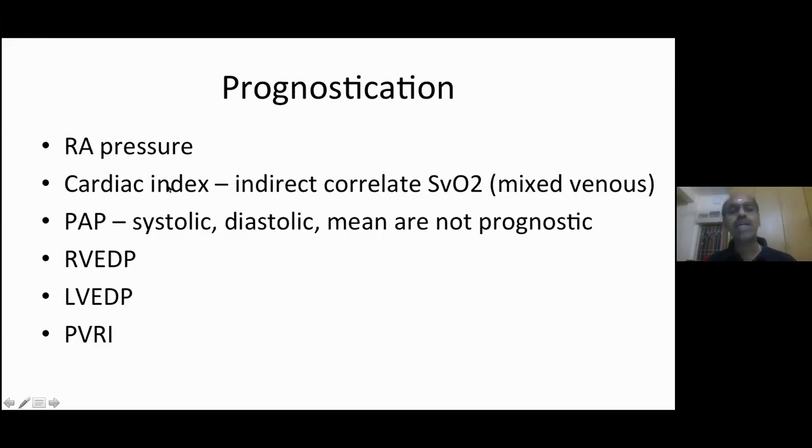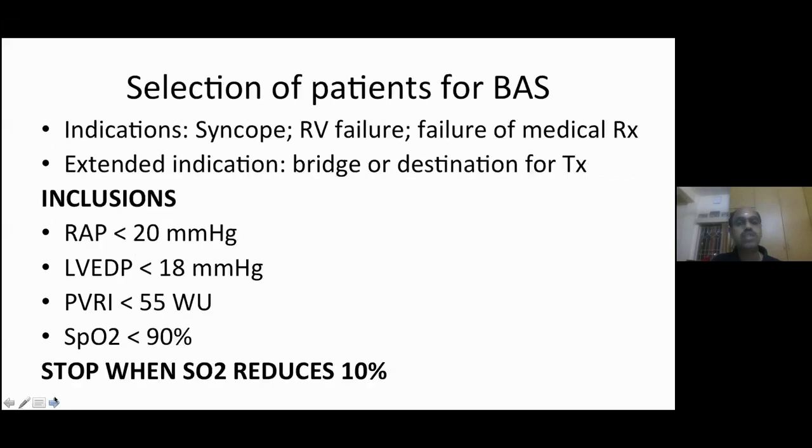A low cardiac output, and an indirect correlate of cardiac output, a low mixed venous oxygen saturation, is prognostic. Higher RV end diastolic pressure and higher LV end diastolic pressure due to reverse Bernheim effect is prognostic. A higher and higher pulmonary vascular resistance is prognostic, not pulmonary artery systolic, diastolic and mean pressures.